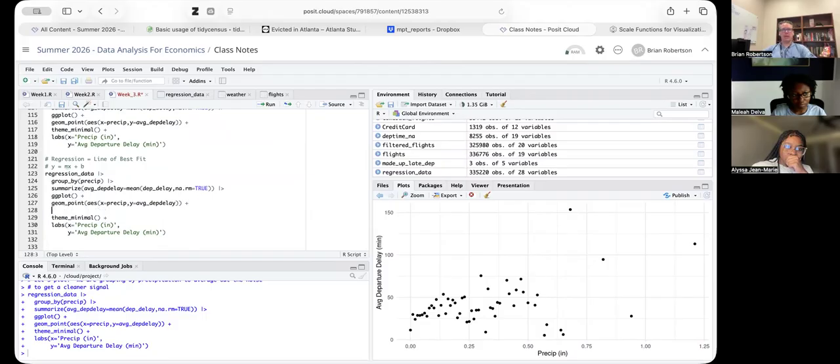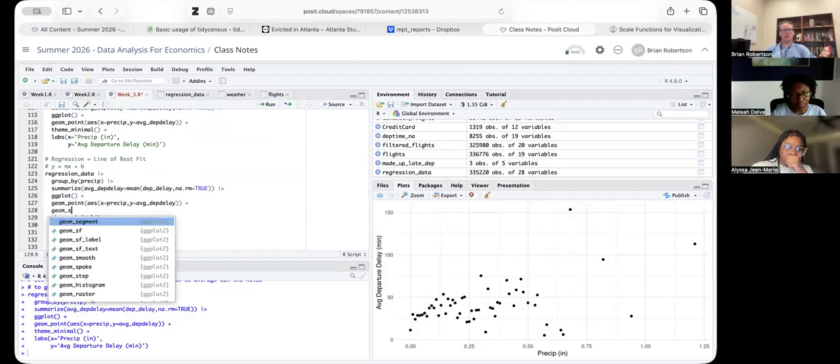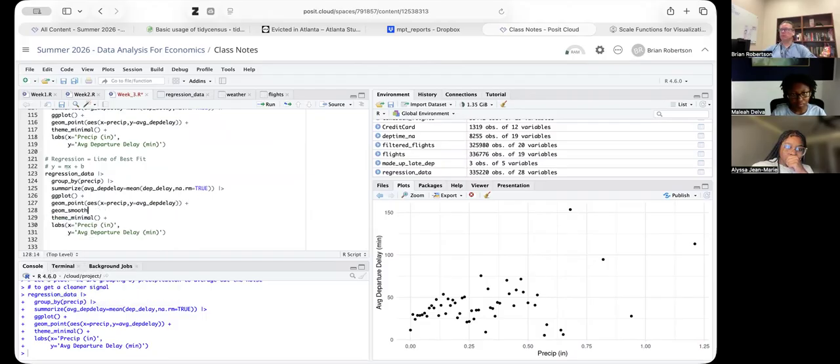I've got my average departure delay. I can use a function called geom_smooth, which will plot the line of best fit through our data. We have a bunch of different methods we can use, and what I want to show is method equals lm.